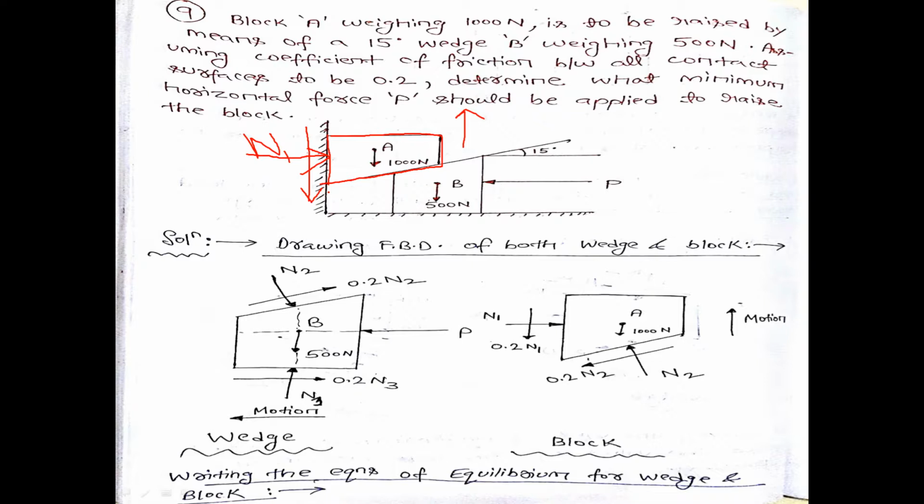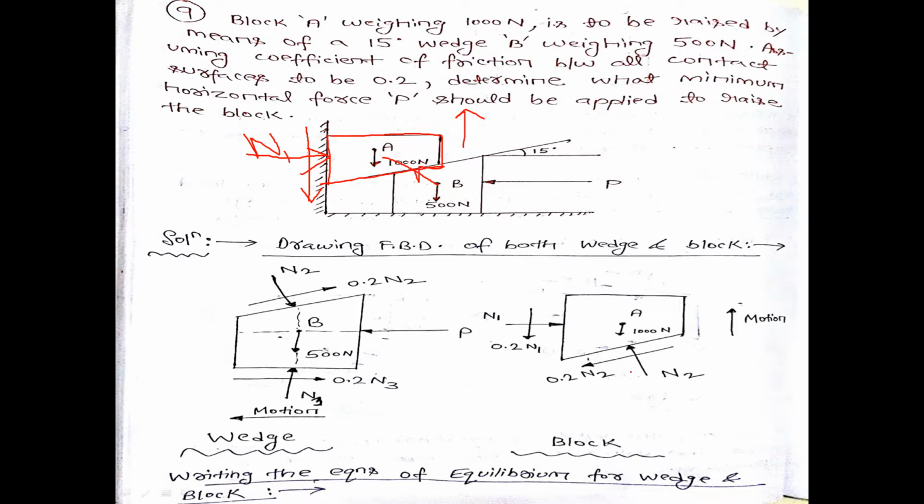Now this block A is in contact with this wedge B, so wedge B will give a normal reaction to block A in this direction, which is your N2.